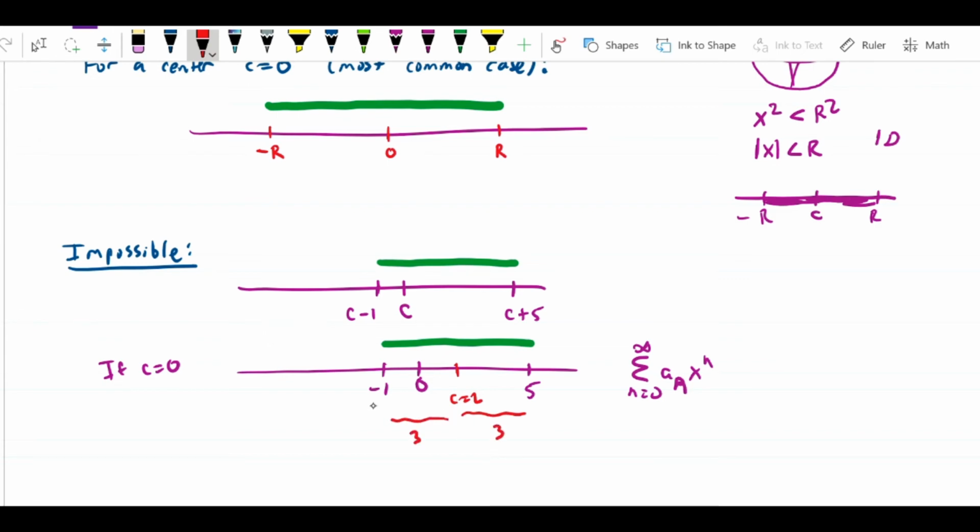So I'm not saying that negative 1 to 5 is an impossible interval of convergence for any power series, but it is an impossible interval if the center of the power series is 0, because the center of the series always has to appear at the dead center of the interval of convergence. That's one of the reasons that it's called the center. Okay.